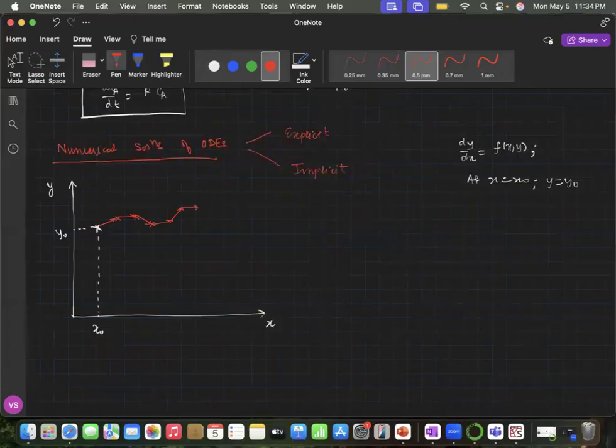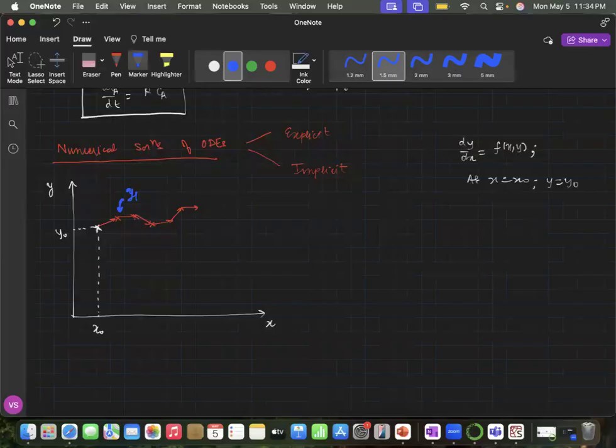So if we use an explicit method, in order to evaluate y1, an explicit method would only use the information at x naught and y naught.